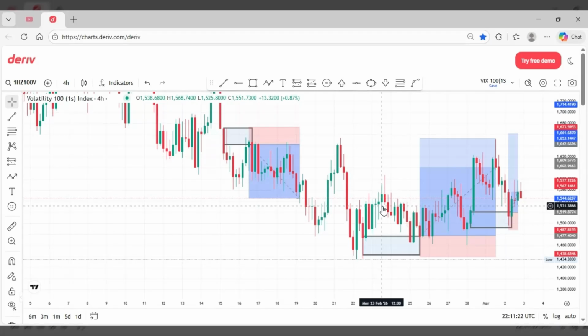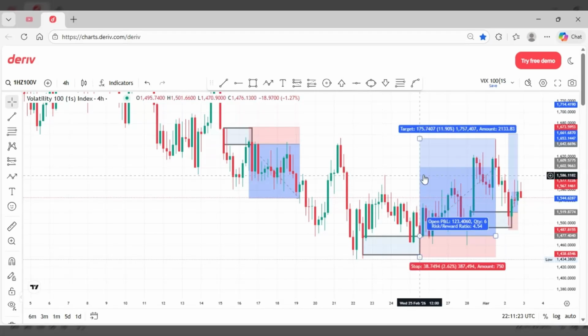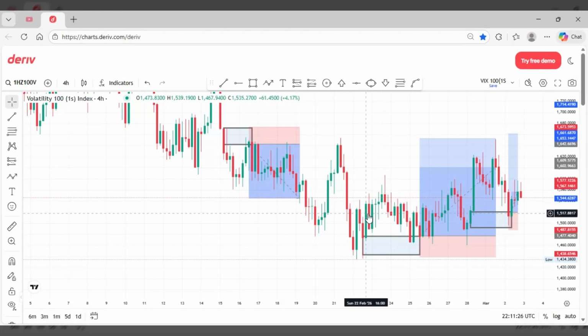I don't know if you're getting the point now. That is why you go to your H1 to find if the market is doing higher high, higher low, higher high, higher low. How many structures has the market broken to the upside that will give you that confidence that this market has shifted? I have already talked about this.